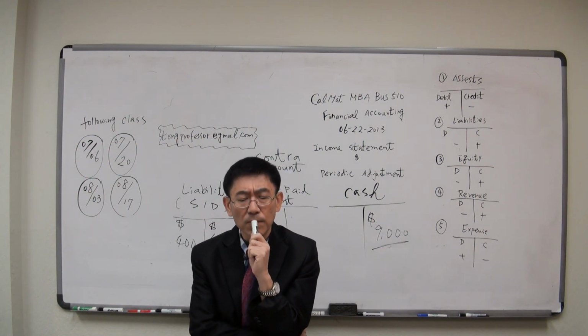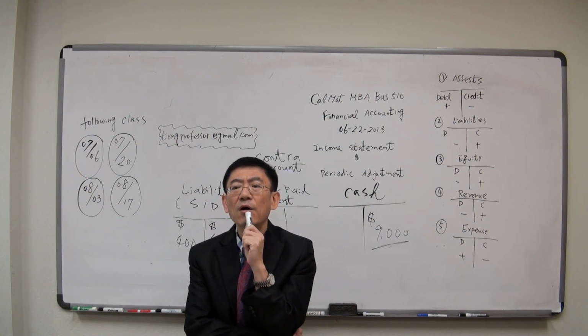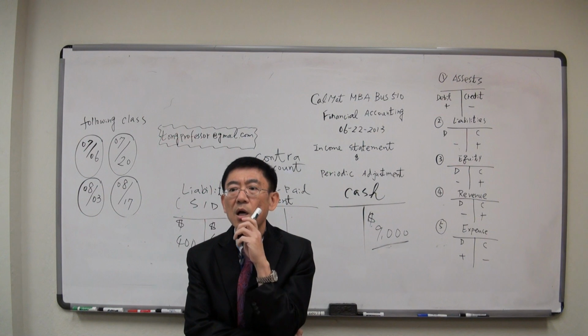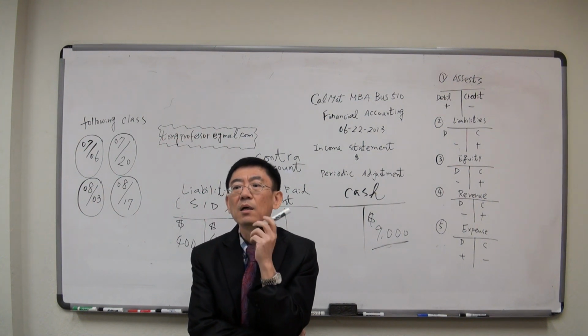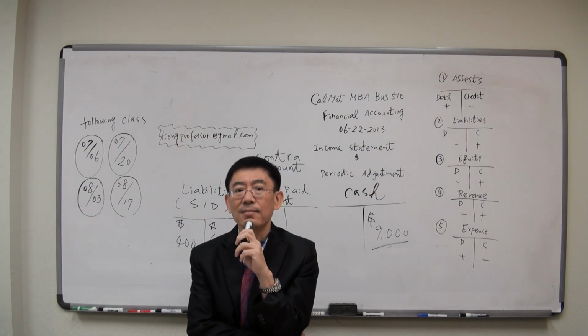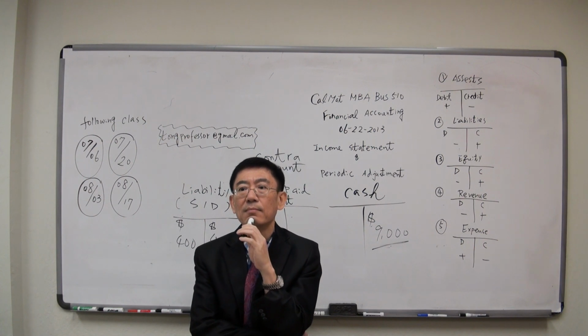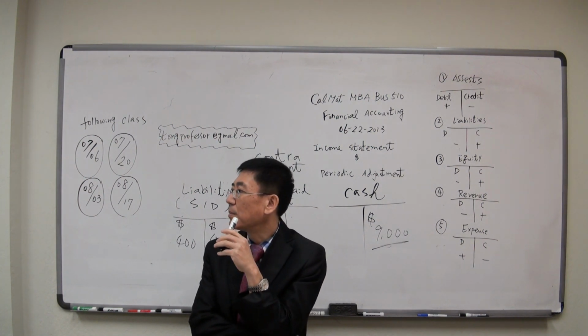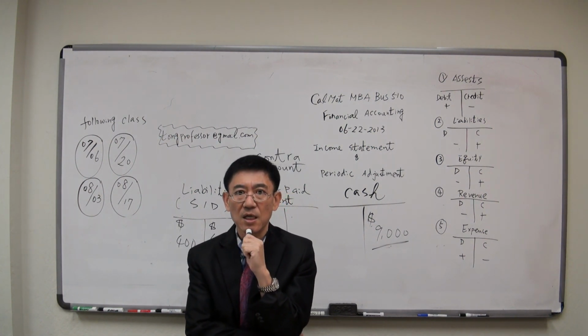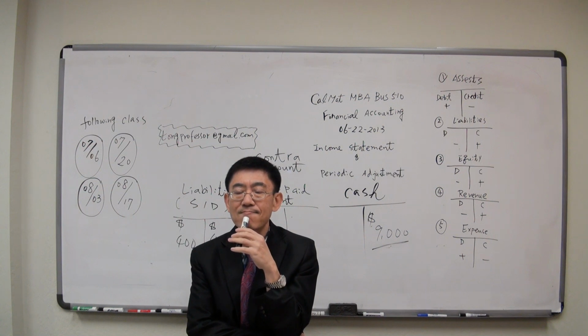How about by the end of the first month? How should we do it? Remember, for each month the rent is 1,500.